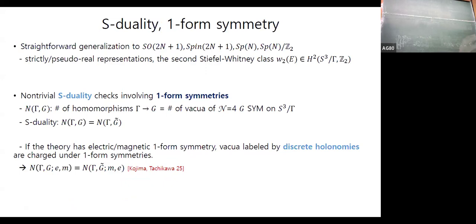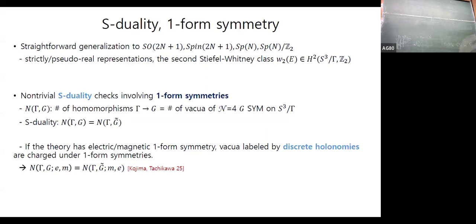Okay, then we can have some non-trivial checks on this degenerate vacuum. Let us call the number of degenerate vacua n_gamma_G. And the duality will map between these two S-dual groups. If the theory has some one-form symmetry, the vacua will be labeled by discrete holonomies that are charged under these one-form symmetries.